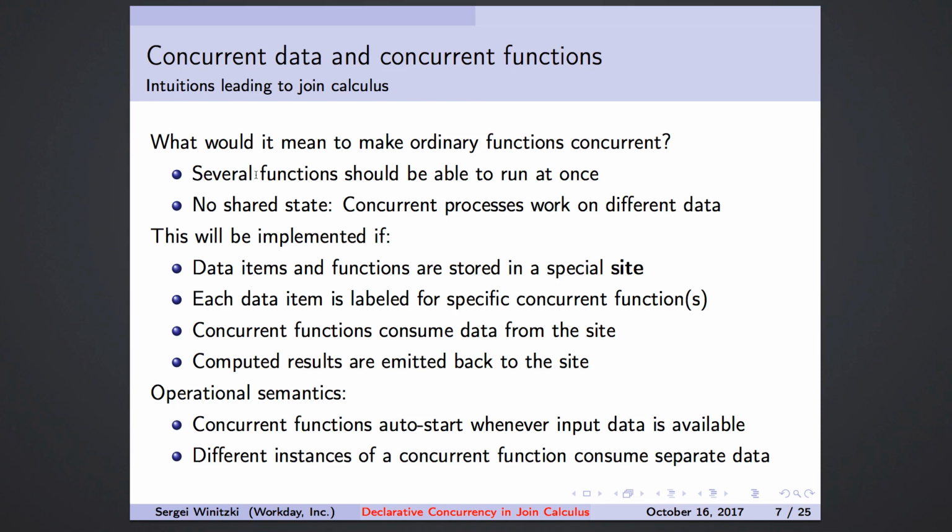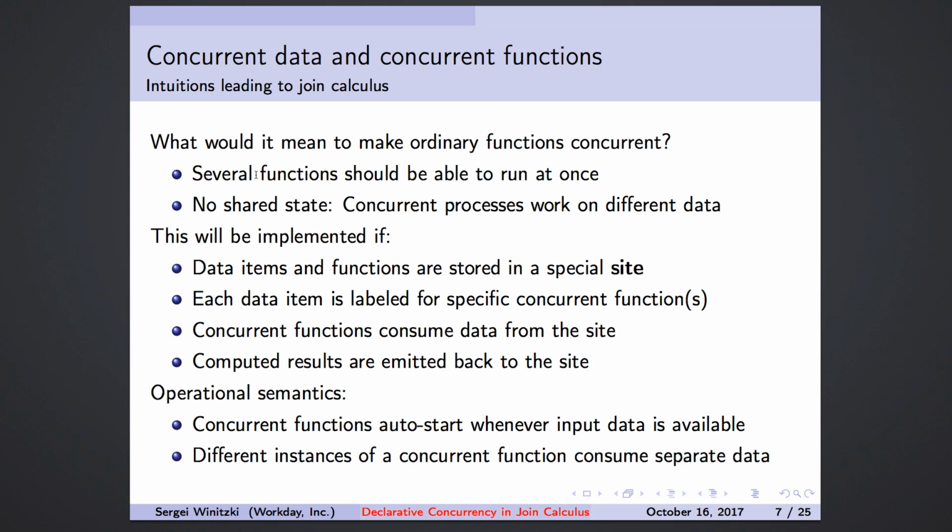So imagine that we create special sites where these concurrent data and functions are stored. And concurrent functions can consume any pieces of data from this site. And when a result is computed, it is emitted back to the site. So that is a concurrent world or concurrent site where concurrent computations happen.